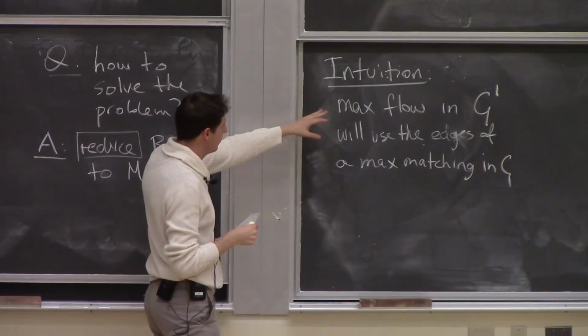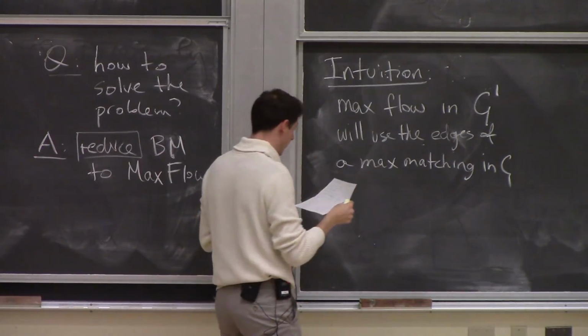So we're solving something in G prime, and then we're saying that it will tell us something about G.